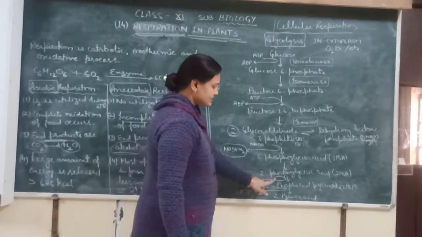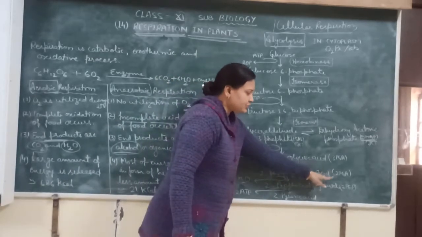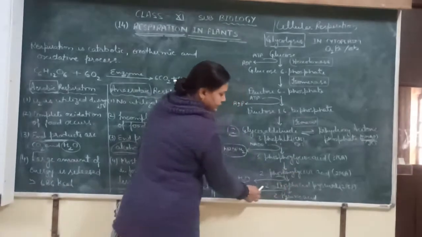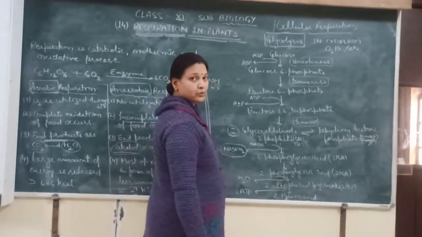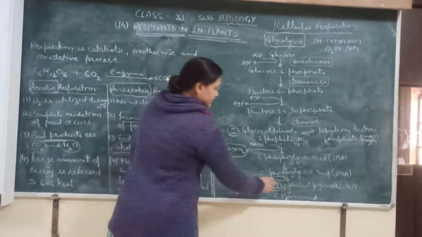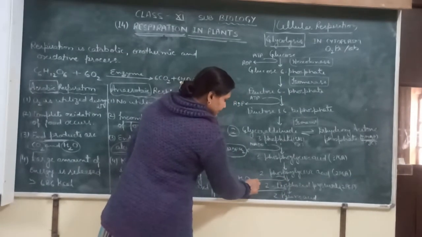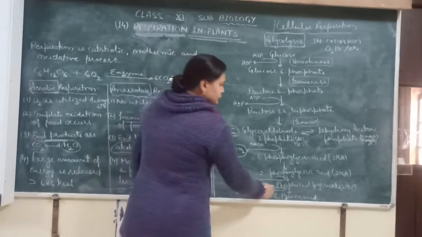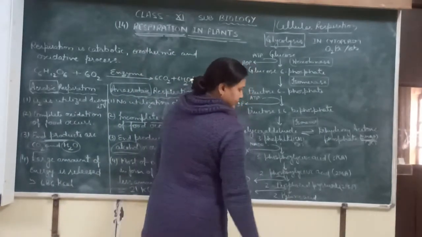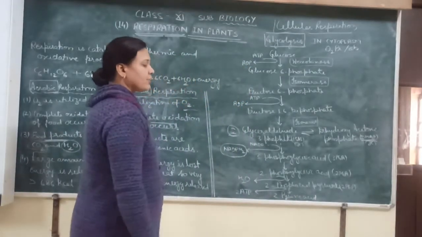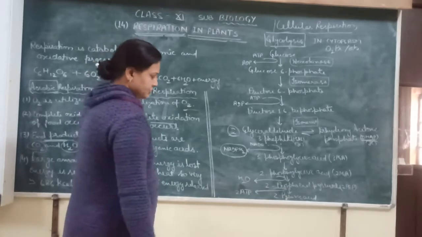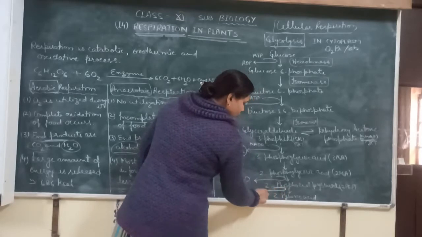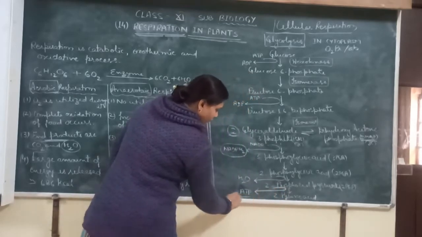Then the next step is 2-PGA converted into PEP, means 2-phosphoglyceric acid converted into phosphoenol pyruvate, and for this process 1 water molecule is released. Okay, and from phosphoenol pyruvate, PEP, 2 pyruvic acids are formed, and during this process 2 ATP molecules are formed.